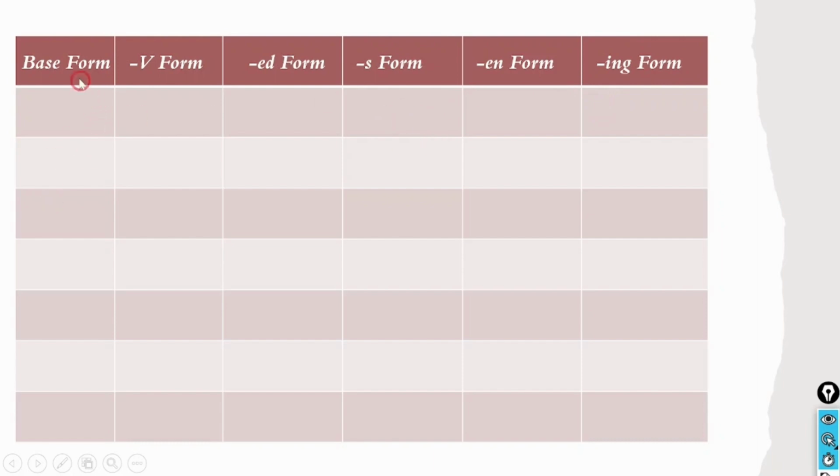So for instance, we can have the base form, the verb the way it is. So the verb like talk. The verb talk and the V form, they are the same. It will be like talk, the same. But if we add ed to form the ed form, talk becomes talked, meaning we are talking about an event in the past.